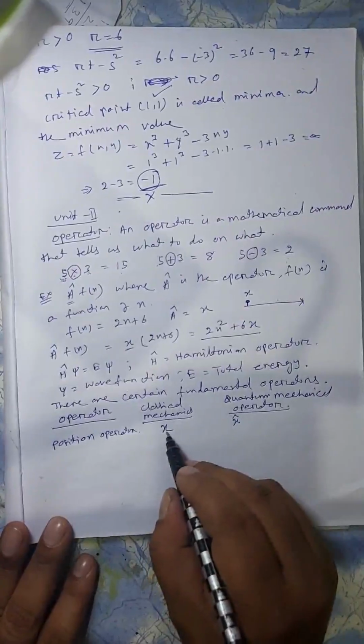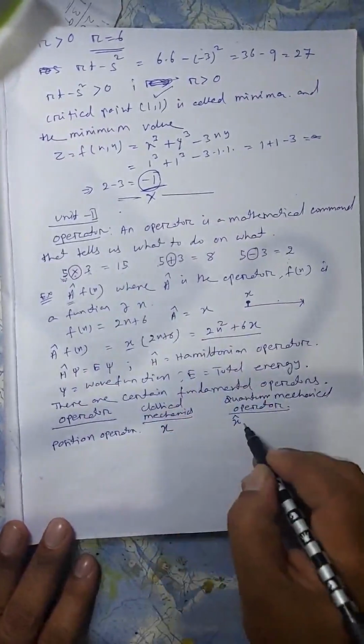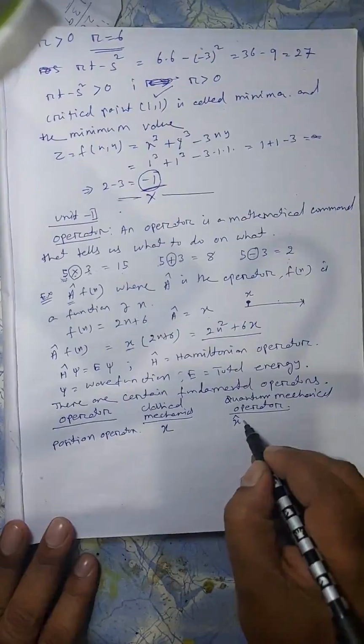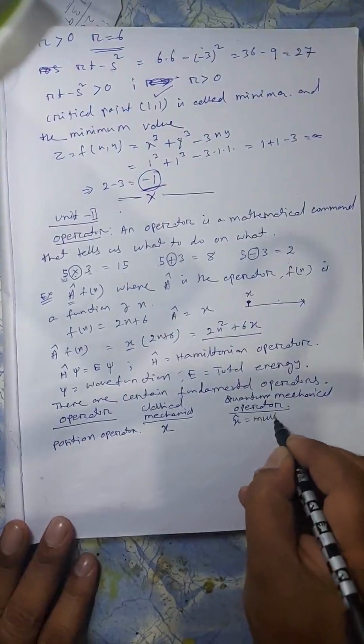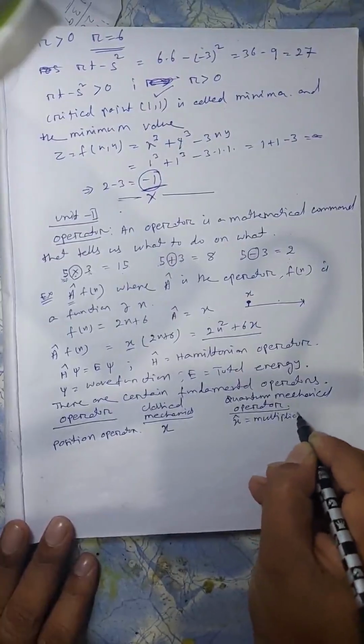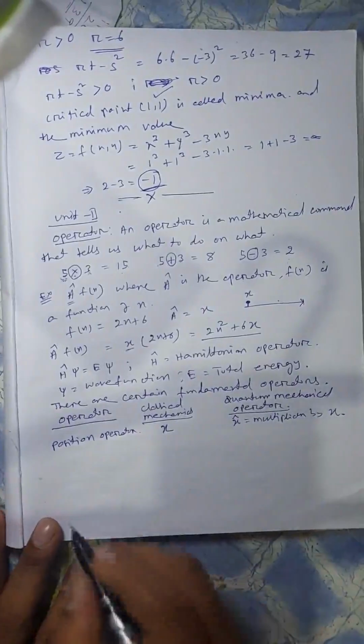In classical mechanics we write x, just like here we multiply by x. In quantum mechanics we write x cap. That means x cap means multiplication by x in the x direction.